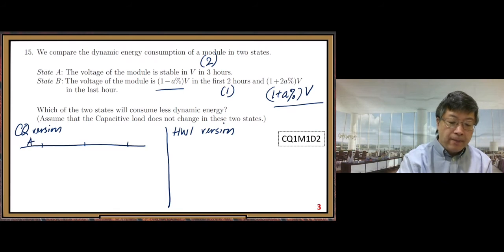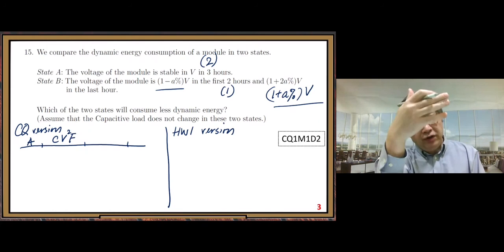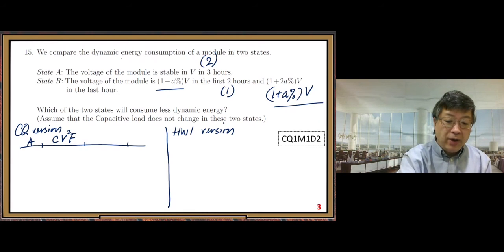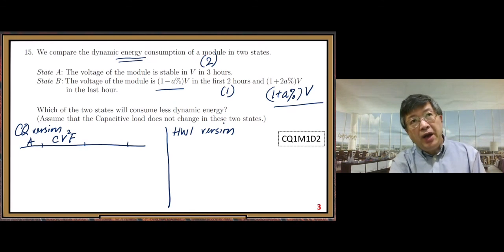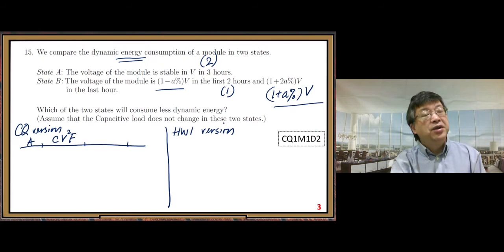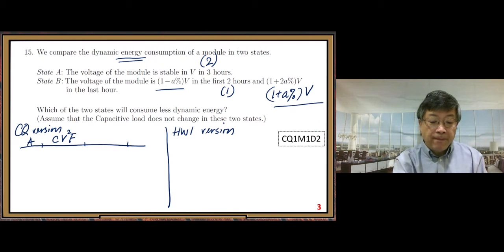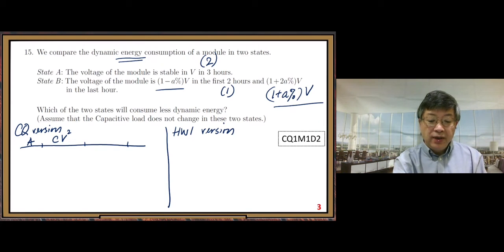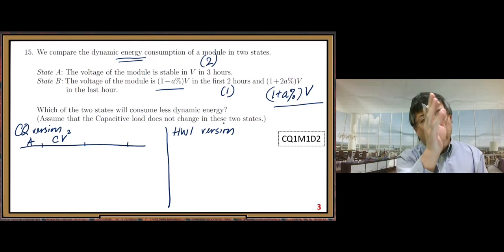State A, remember we use CV square, certain constant, voltage square. Sorry, dynamic energy, right? We do not use frequency. CV square with frequency, that's the dynamic power version.